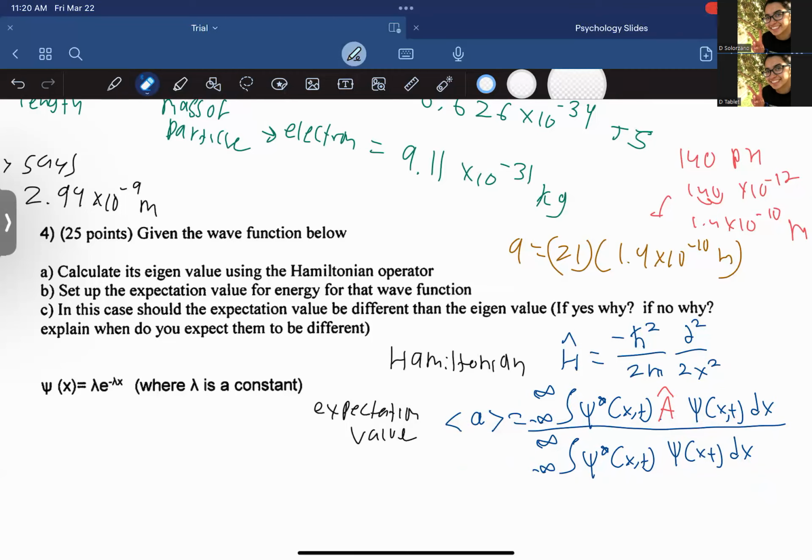And then just a reminder that expectation value is our average value.